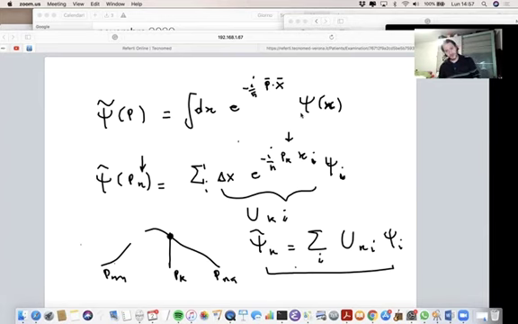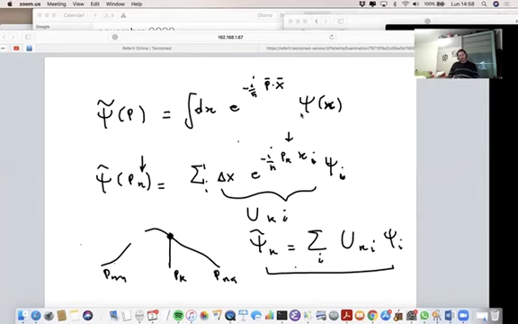So all I want to emphasize with this is that after discretization, changing from coordinate representation to momentum representation or back, in other words, performing a Fourier transformation, basically amounts to changing a basis in the vector space that describes the state of the system.